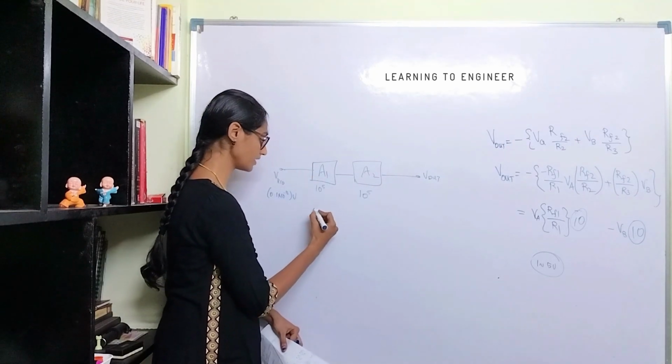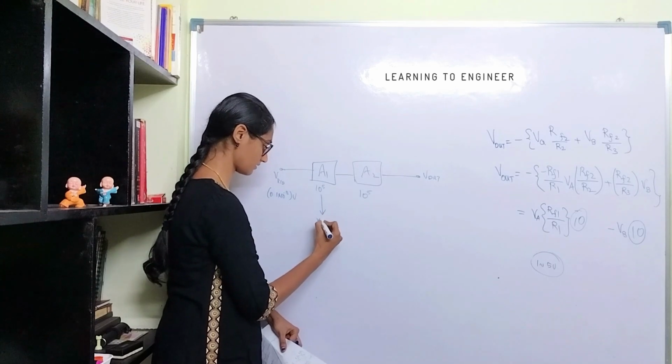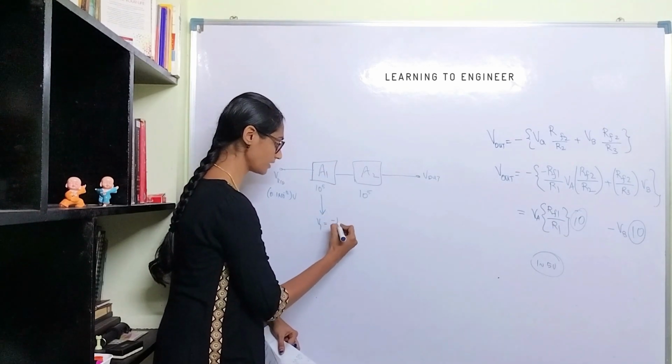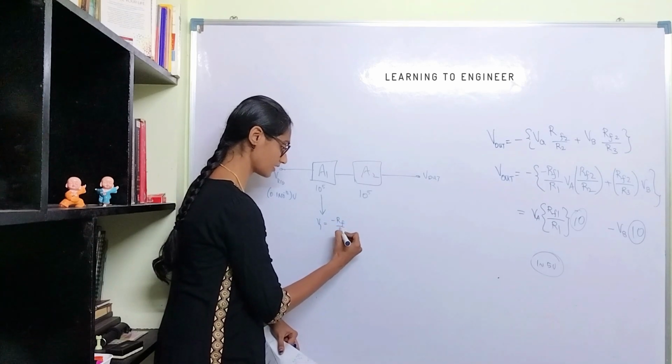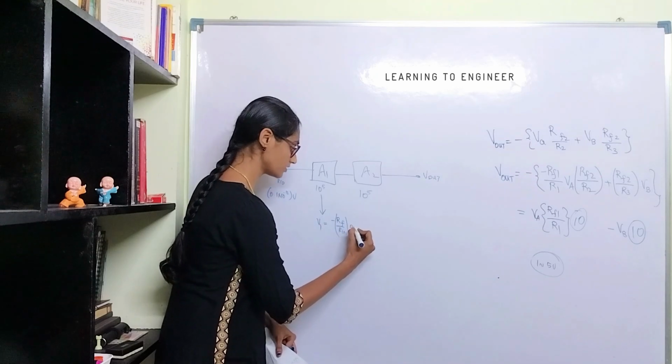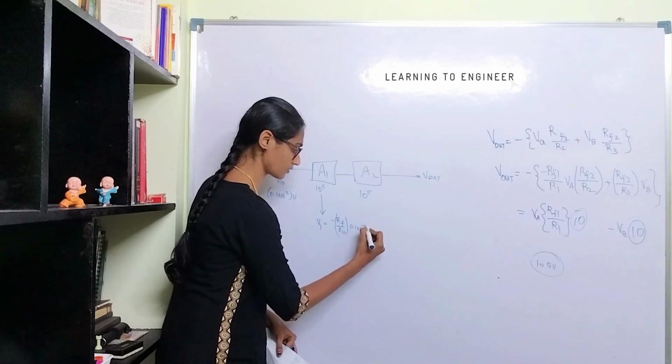So this output, let us call this V1, the voltage output at stage 1. Okay, this will be minus RF by Rin multiplied by the input of 0.1 into 10 power minus 12 volt.